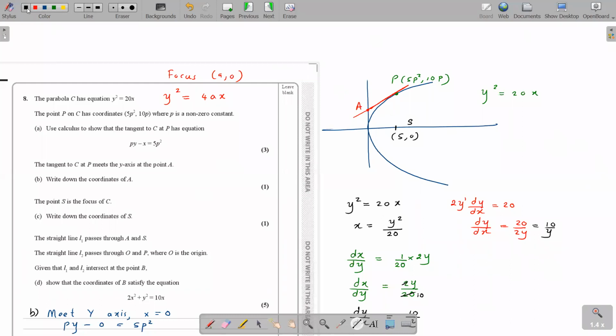Can you see? This is straight line L1. The straight line L2 passes through O and P. Who is O and P? O is the origin, right? And P is this point over here. So the straight line L2 passes through O and P.